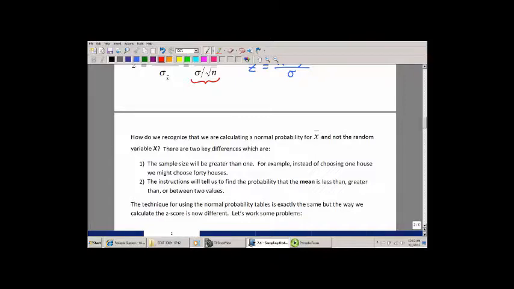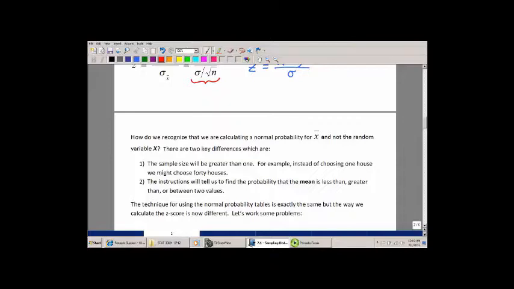Other problems I've done, choosing one SAT score, we'll choose a group of SAT scores. Or choosing a monthly electric bill, I believe I did an example on that. We would choose a group of monthly electric bills and calculate, and we won't calculate their average, but that's the probability we want to figure out, is based on the average of that sample size.